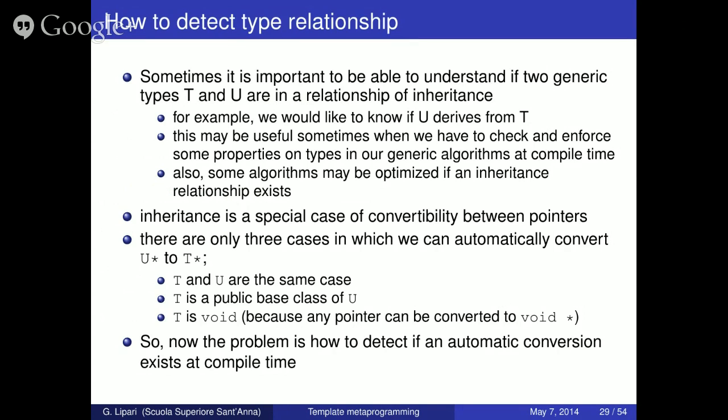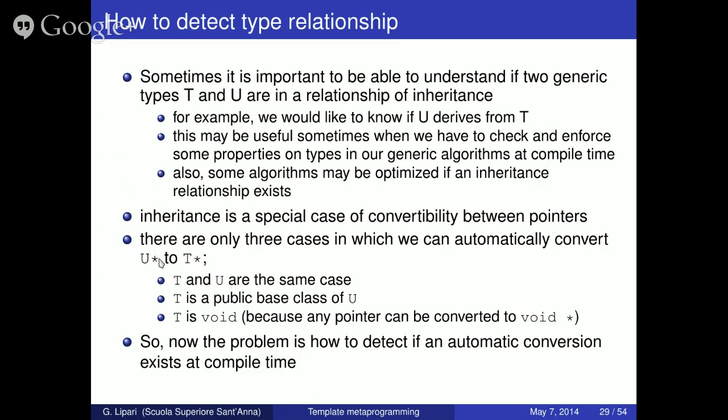And this may be useful in some cases, but anyway, it's also a very good exercise to understand how this template mechanism works. So how can we detect inheritance? Well, inheritance is a special case of conversion between pointers. In particular, there are only 3 cases in which we can automatically convert a U star to a T star.